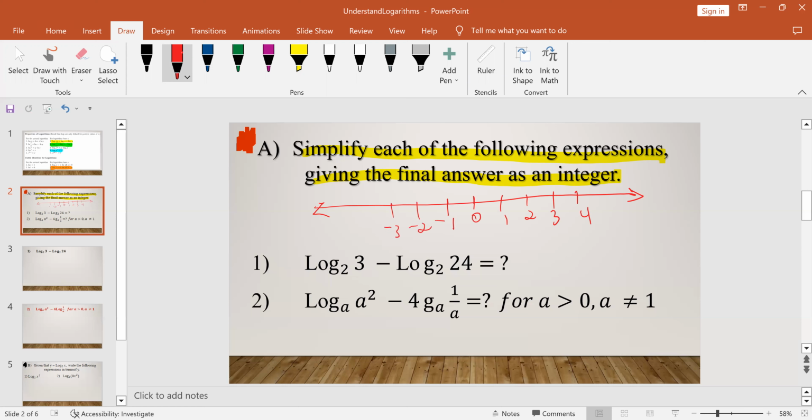So in sum, we want the solution for these two questions to be something we can place on a number line. It will not be a decimal, a fraction or a log, but counting numbers and their opposites. Okay, so let's see the first question.